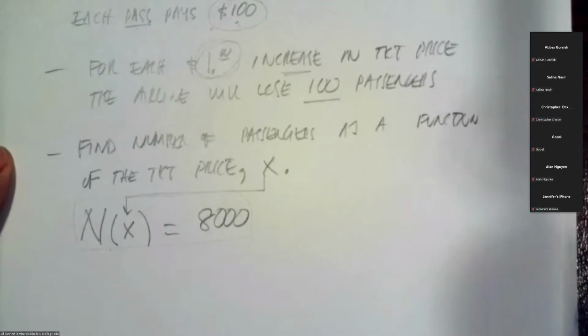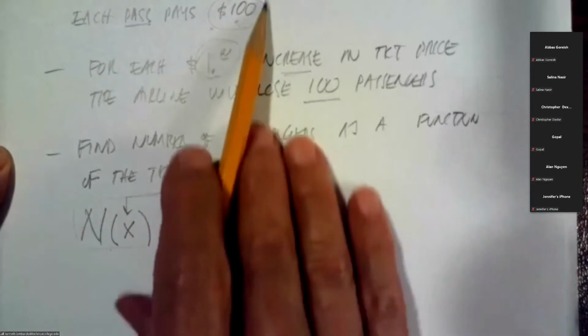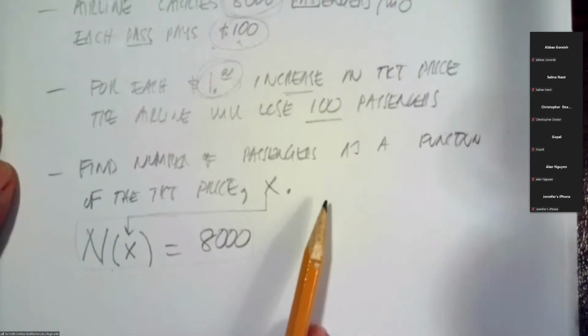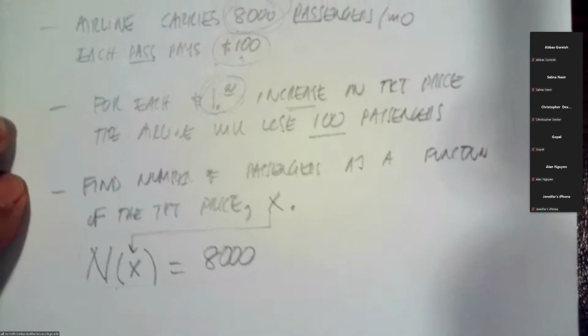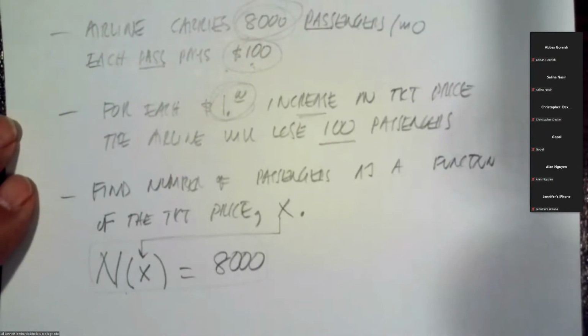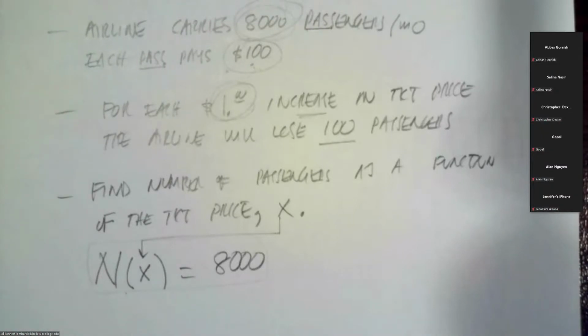We need more information. And then we go back to the polls and we say, what else do we need to know? And we need to know what day the flight is, or what the weather is, or what month it is, or whatever it is. So the idea is, can we come up with this number of passengers as a function of the ticket price, given the information shown here? And if we can, then let's come up with our equation. And I'll let you think about that for a bit.